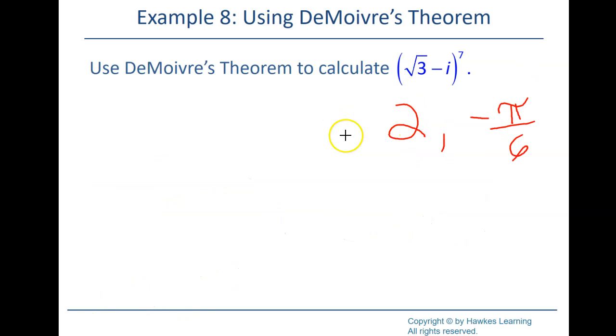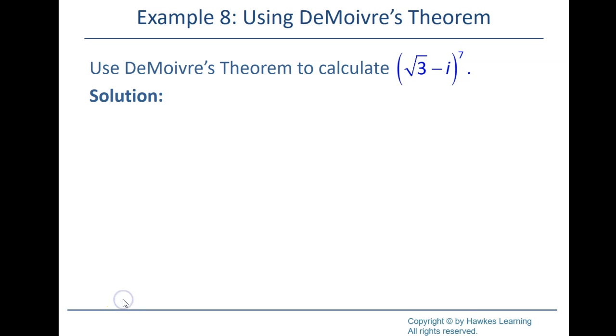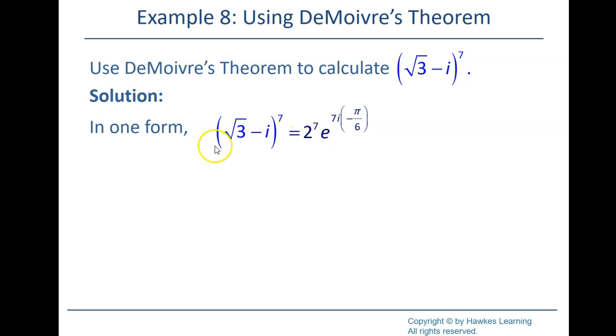But that's the angle that we're starting with. Okay, so the big thing to keep in mind as we go through this, the magnitude that we started off with is 2, and this was our argument that we started off with, our original number. So when we start to do the work, the magnitude of this is 2, right? And then there's negative pi over 6 as our argument.